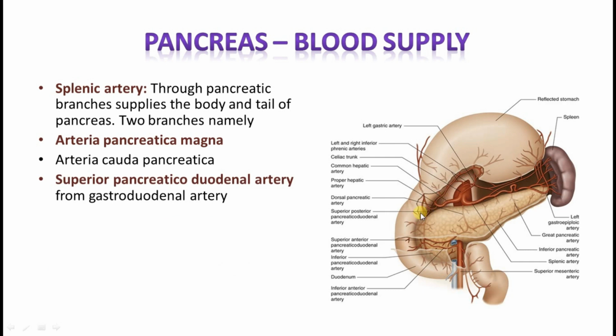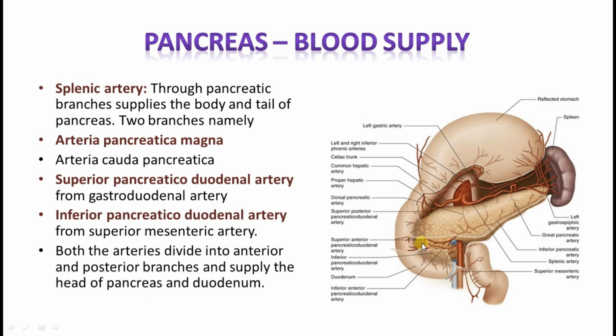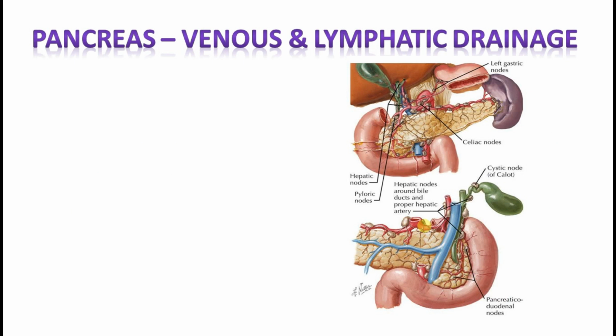The superior pancreatico-duodenal artery comes from the gastroduodenal and the inferior pancreatico-duodenal artery from the superior mesenteric. They both give anterior and posterior branches which anastomose and mainly supply the head of the pancreas. So that is about the blood supply of the pancreas.